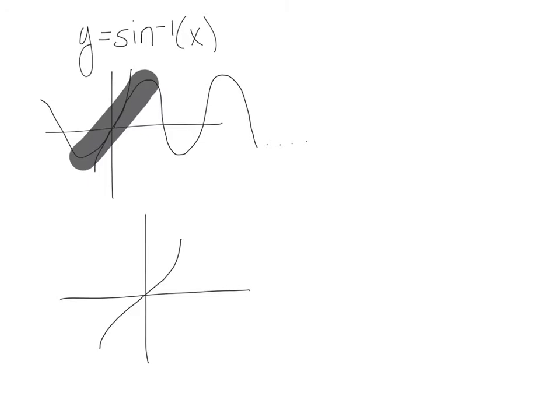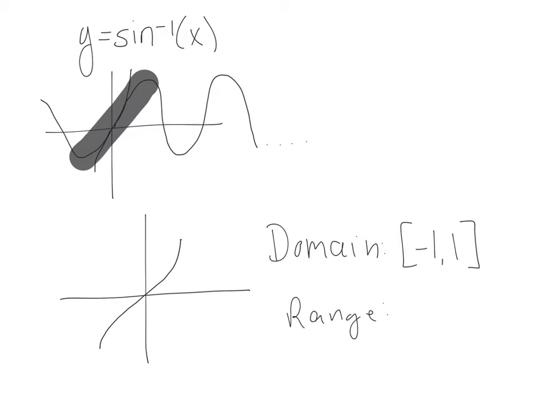For inverse sine graphs, the domain will be negative 1 to 1 inclusive, and the range will be negative pi over 2 to pi over 2 inclusive.